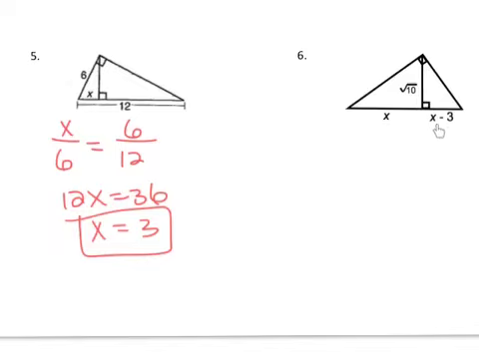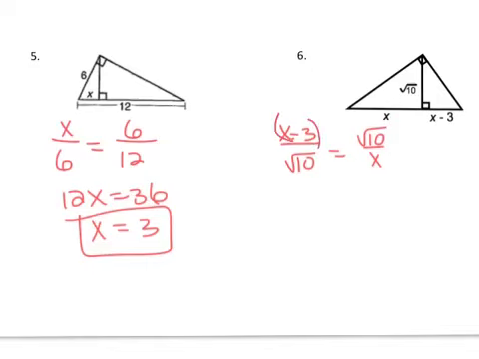Again, we have small over long is equal to small over long. So this is going to be x minus 3 over radical 10, and that's equal to radical 10 over x. Notice again, hopefully you've seen this pattern, that this radical 10 keeps showing up in 2 places. The altitude is showing up in the bottom left and upper right. We're going to talk more about that tomorrow.